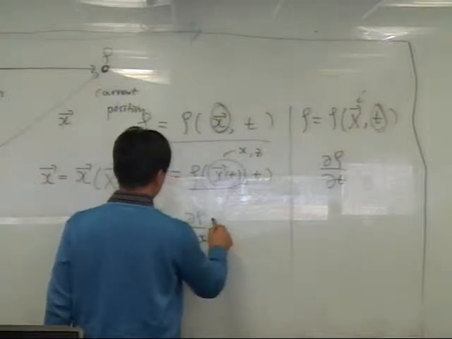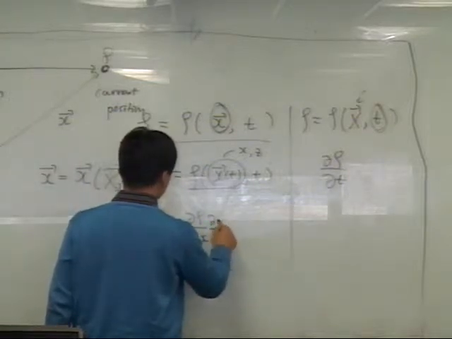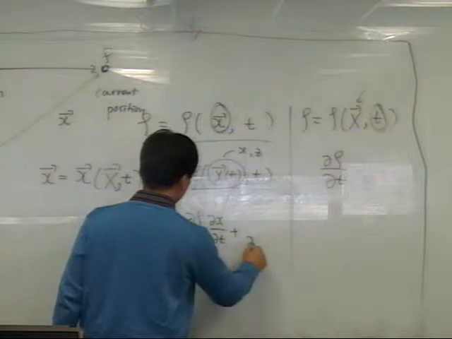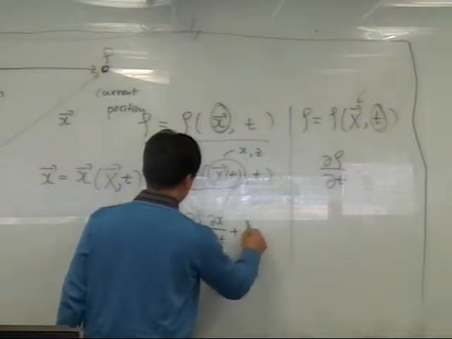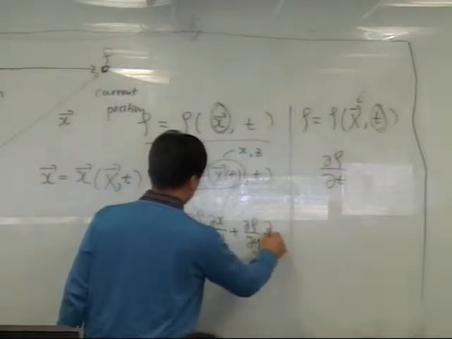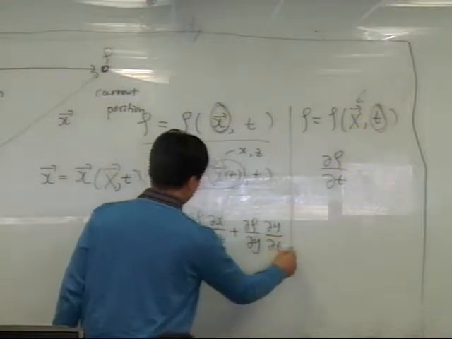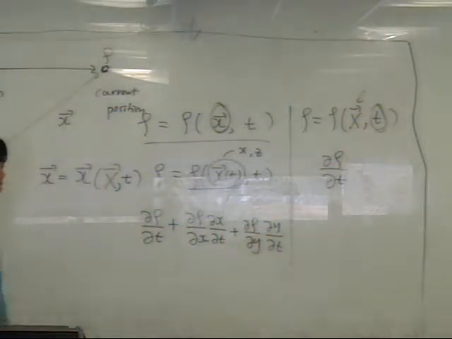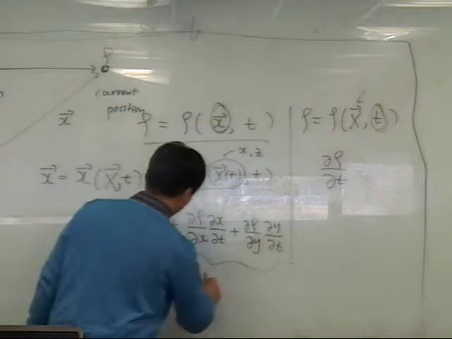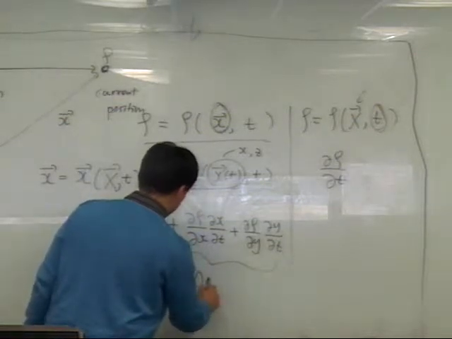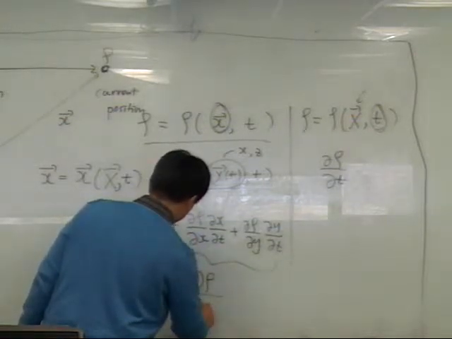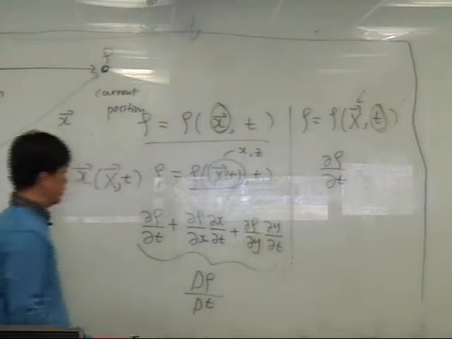We need to use some chain rule: the partial of rho in x multiplied by dx/dt, plus the partial of rho in y multiplied by dy/dt, plus the partial of rho in t. Okay? This is a total derivative.